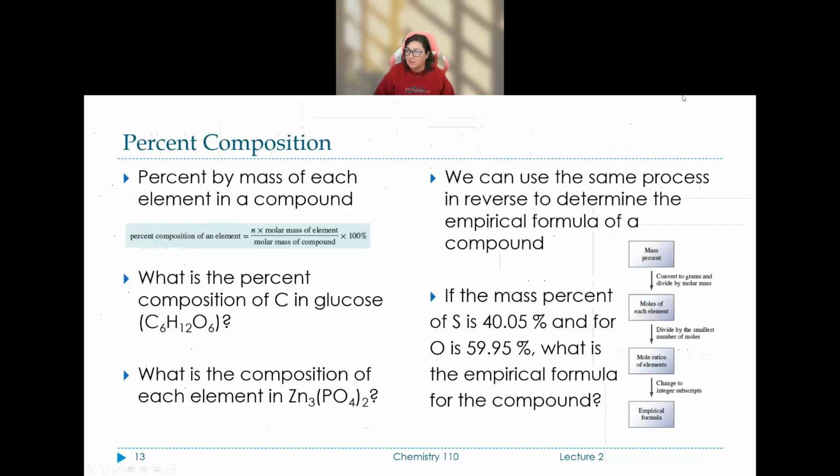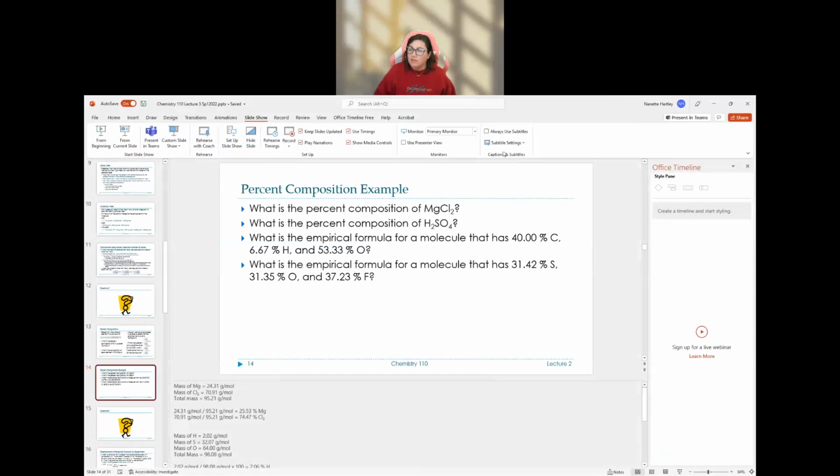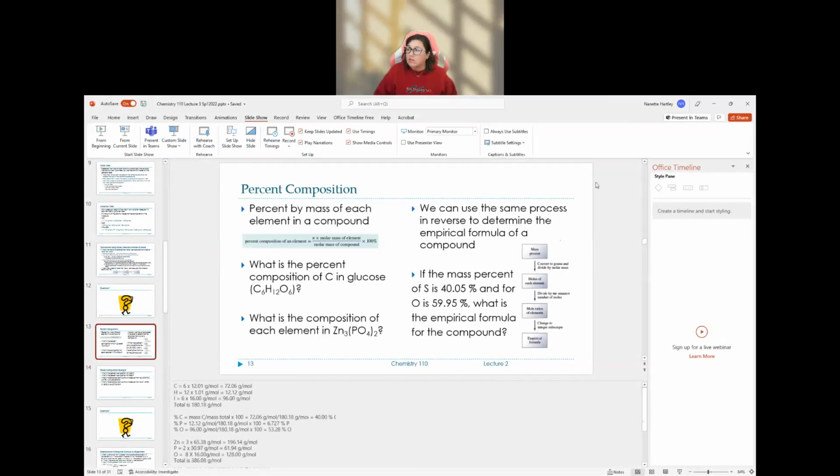Let's make this tinier. If you can see my notes down here, it says, what is the percent composition of carbon in glucose, which is C6H12O6? Carbon is 6 of them times 12.01 grams per mole, which gives me 72.06 grams per mole.